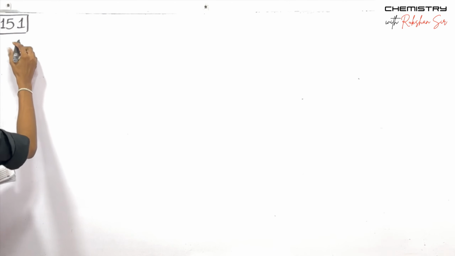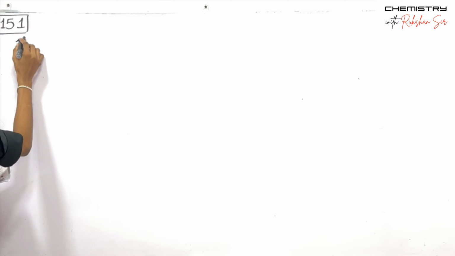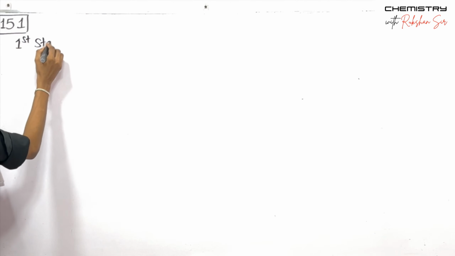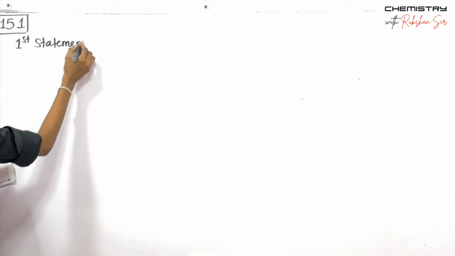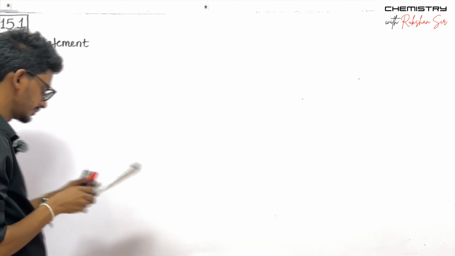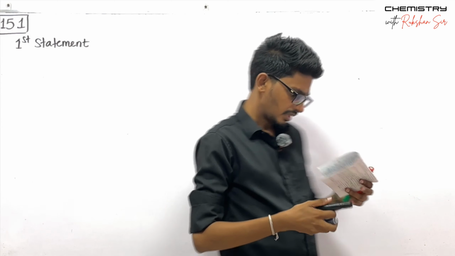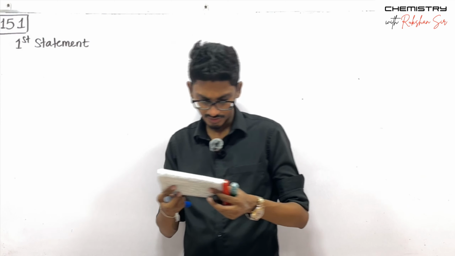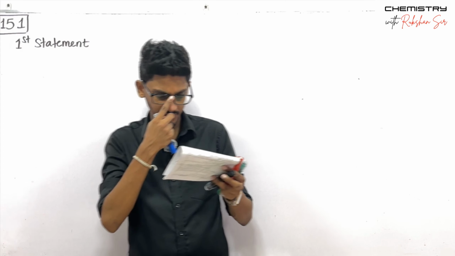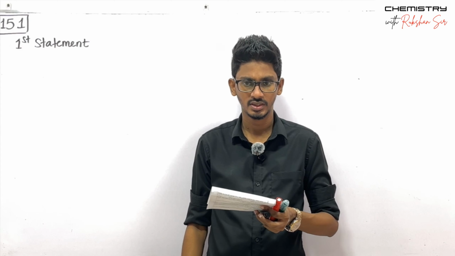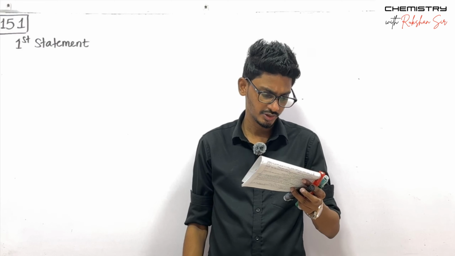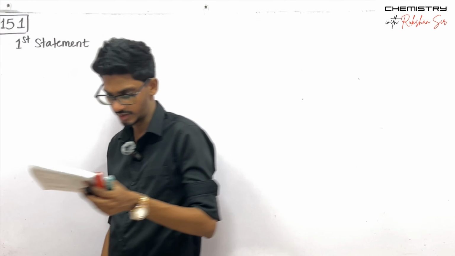First statement. It says HI turns a solution of acidified dichromate, potassium dichromate, to green.